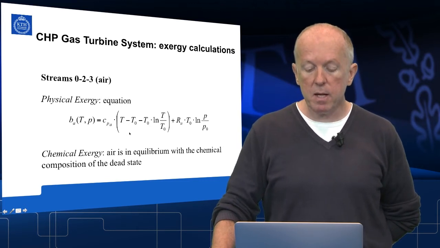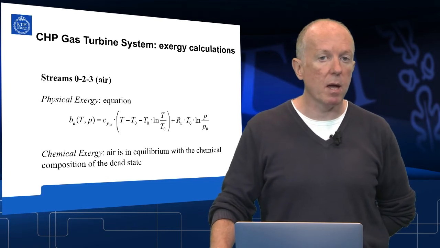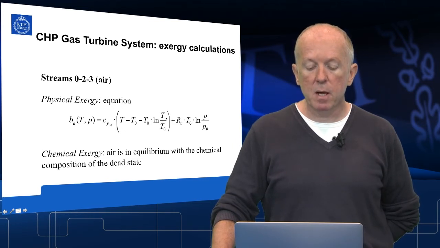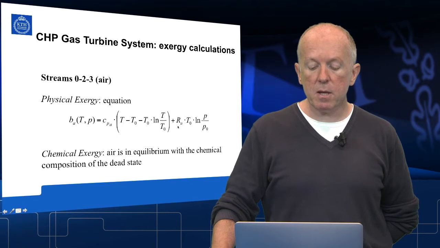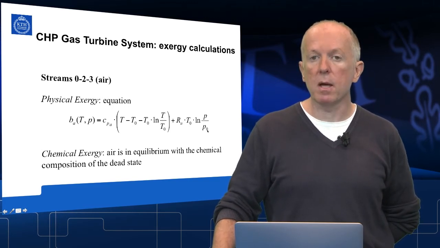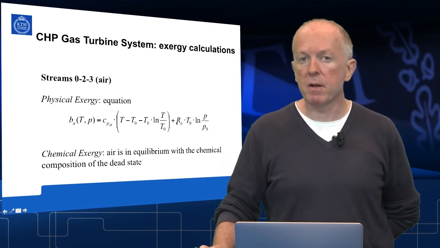So the specific heat by the gradient of temperature, which is the quantity related to the enthalpy gradient, minus T0 by a first element, which is the natural logarithm of the temperature of the stream divided by T0, the temperature of the restricted state, plus the gas constant of the gas by T0 by the logarithm of the ratio, in this case of pressure, between the pressure of the gas and the pressure of the restricted state, P0. So you see the calculation is definitely very easy.